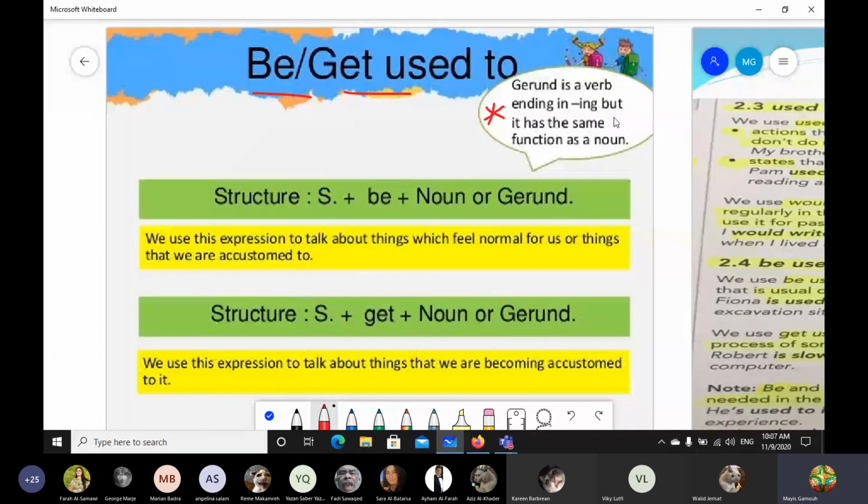The structure for be: subject plus be plus noun or gerund. And we use this expression to talk about things which feel normal for us or things that we are accustomed to. This is the main word for be used to.